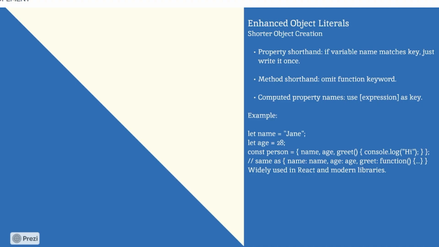So object enhancement separates the two functions: the name one represents the names and the roll number one represents the roll numbers separately. That type of functionality uses enhanced objects, like creating user objects, product objects and API request data.